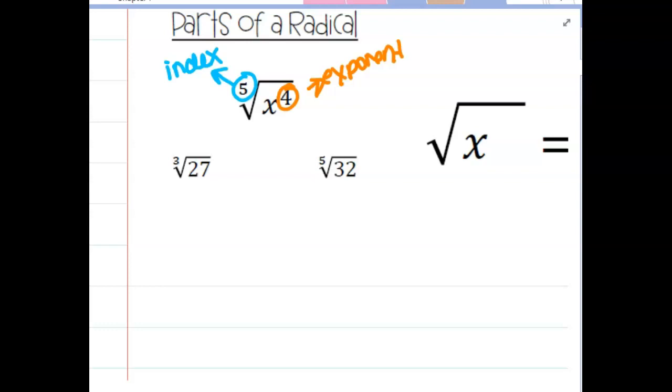So if I want to take the cubed root of 27, I would be asking myself, what number cubed would give me 27? Remember, sometimes, what number times itself? Some of these might be kind of hard to think about. So if you just kind of go through the numbers, if I do 2 times 2 times 2, you get 8.